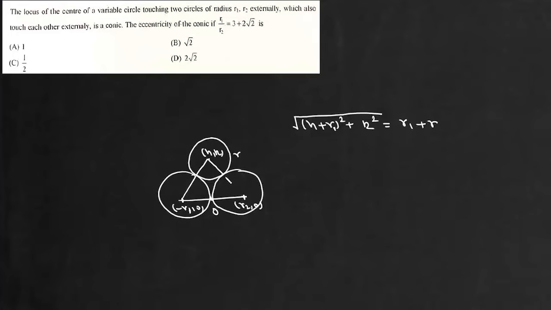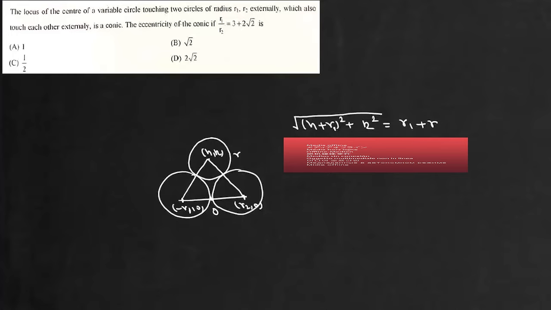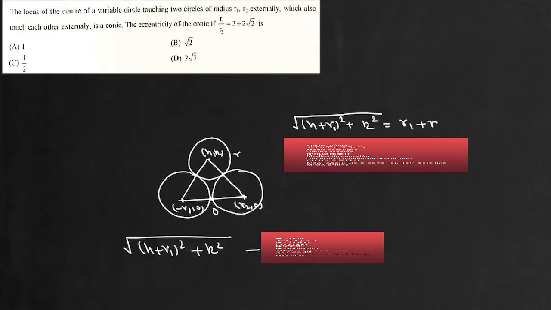And the same way, these two circles touch each other externally, so we get under root of h minus r2 square plus k square, and that will be equal to r2 plus r. Now we subtract first from second, we'll get under root of h plus r1 square plus k square minus under root of h minus r2 square plus k square, and that will be equal to r1 minus r2.